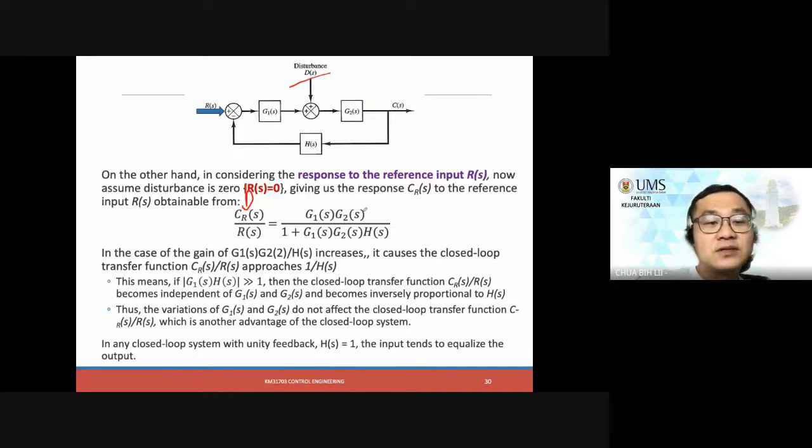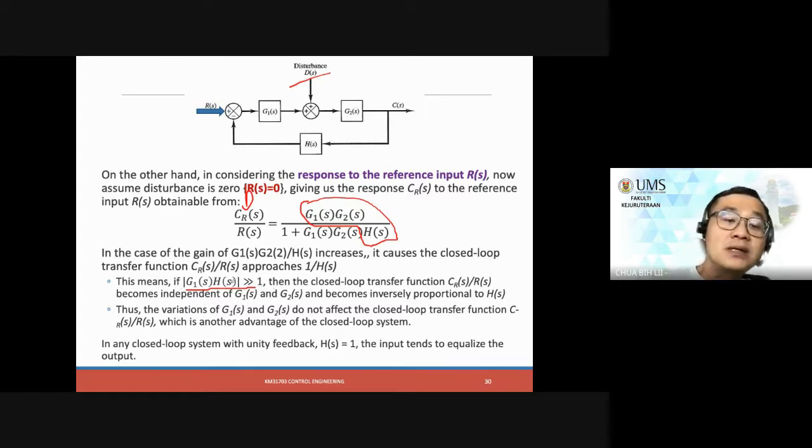Okay, so from these combinations, how we can analyze this is that in the case of this particular component, the G1, G2 divided by H, when it increases, it will cause the transfer function to approach 1 over H. So what we can do from this is again we would like to increase these two transfer functions such that it is so much higher than 1.